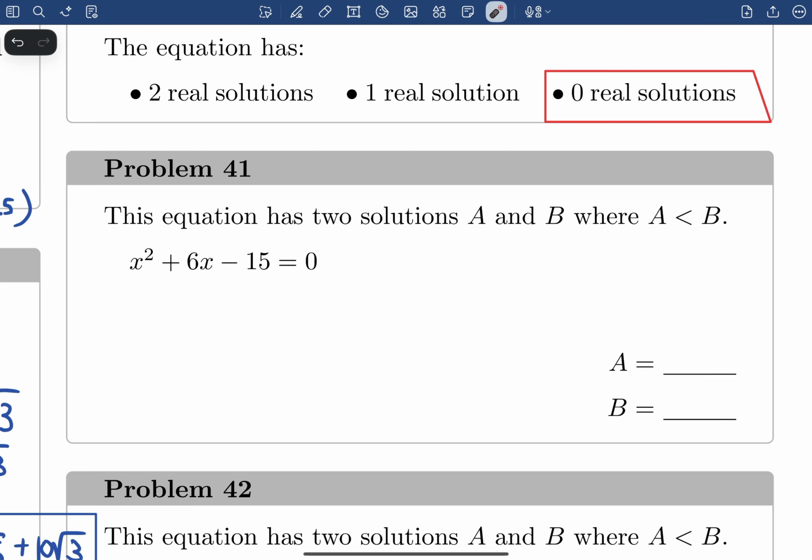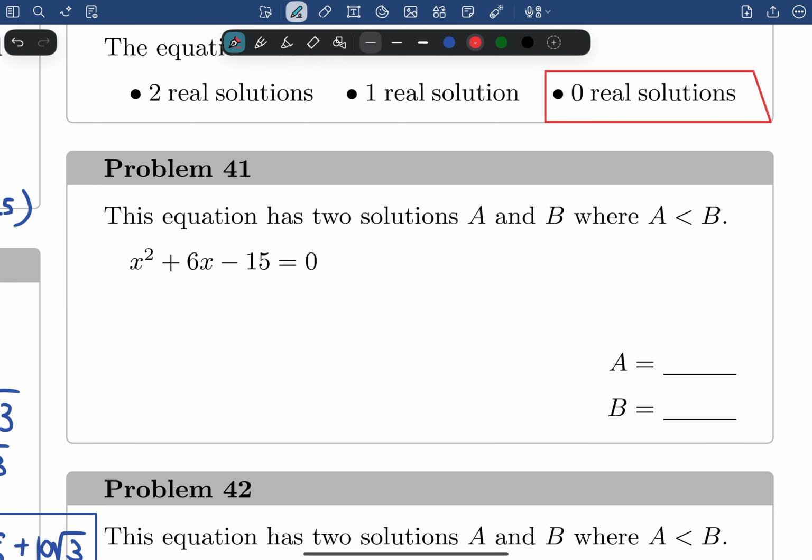Now, when I look at this, I think, well, can I factor it? Because solving by factoring is the first thing that we would want to do. But it turns out we can't. There aren't 2 numbers that multiply to negative 15, but sum to positive 6. And so I will go immediately into using the quadratic formula. And I'll say, well, my A value is 1, my B value is 6, and my C value is negative 15.